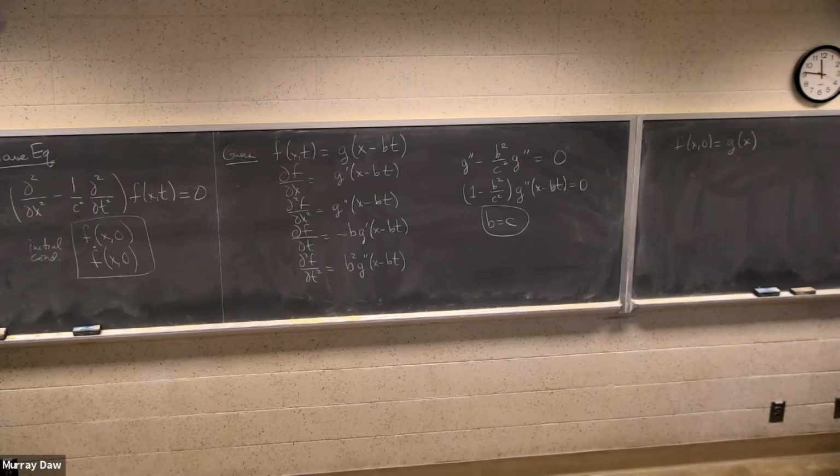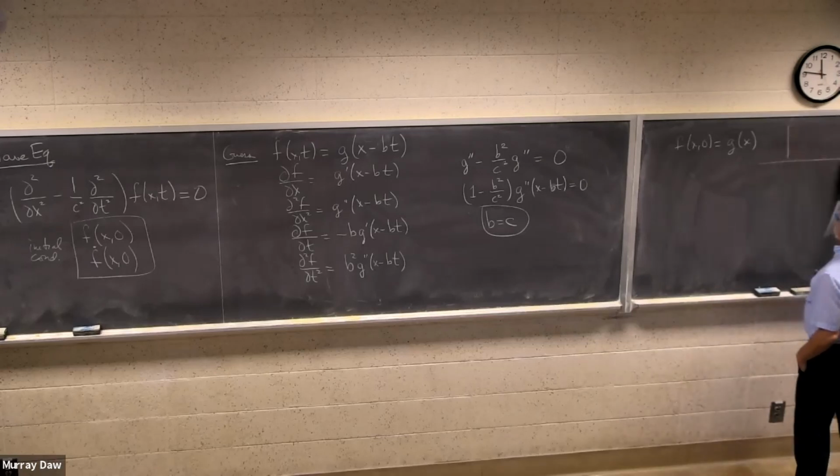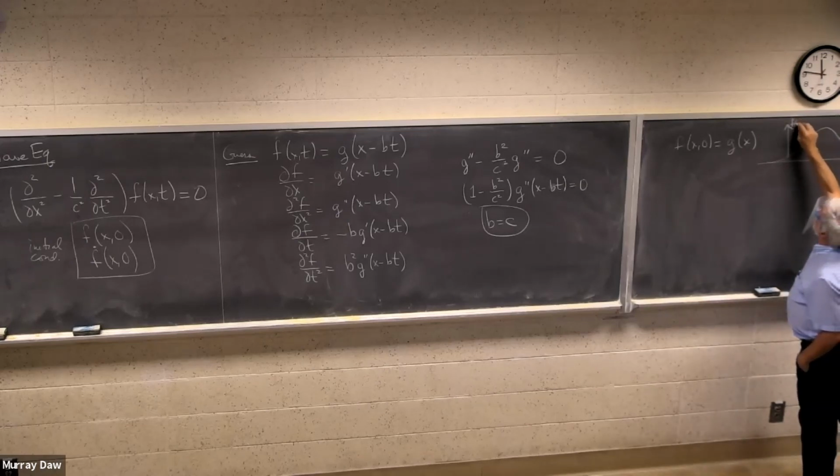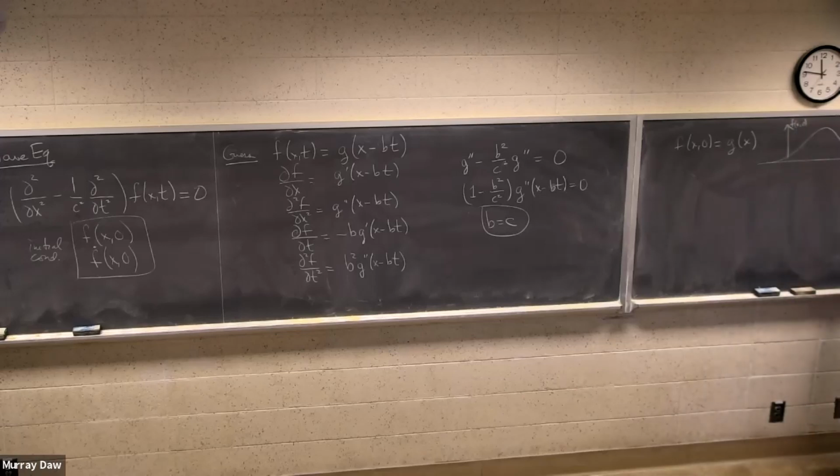Well, it doesn't even have to be oscillatory. It could be a tsunami, right? g is just the initial shape, whatever it is. So this is the initial function. Anything will work here.